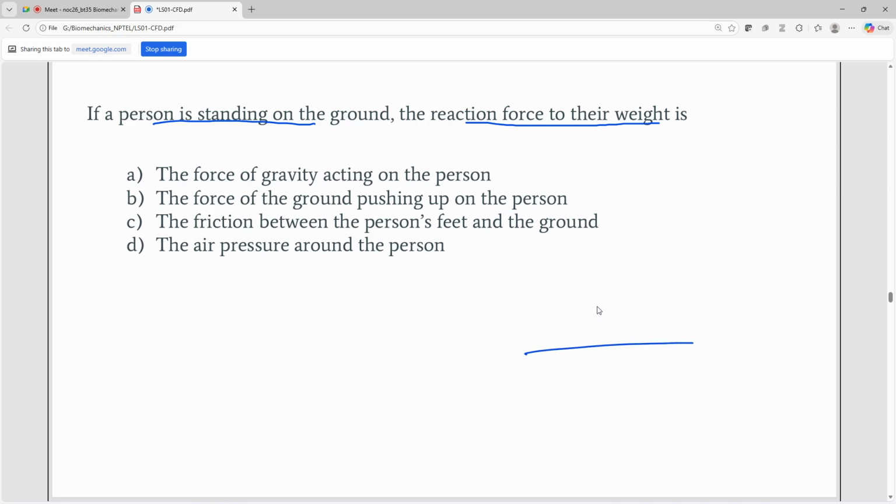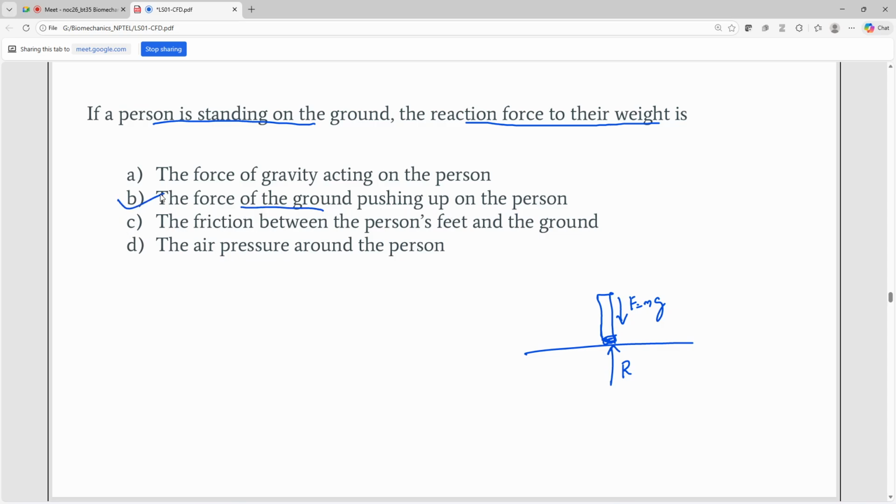So this is the ground and this is a person standing on the ground. His weight will be acting downwards, F equals mg, and what will be the reaction force against this particular weight? That is the force of the ground pushing up on the person.